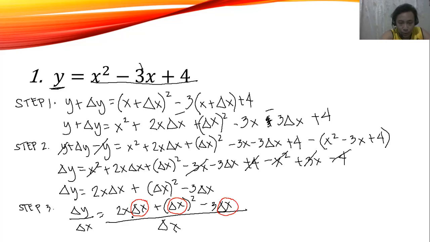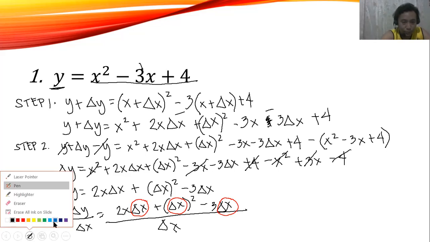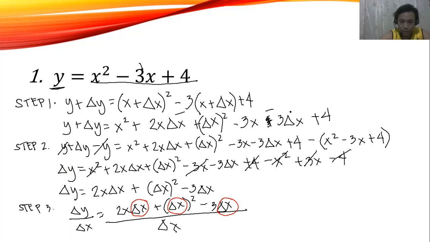So we have delta y over delta x is equal to, so dito nakikita nyo, all the terms ay merong delta x. So i-factor out natin yan. Pag pinactor out natin siya, we have to divide all the terms by delta x. So gawin na natin dito para di kayo malito. So ang mangyayari rito, i-divide natin yan.